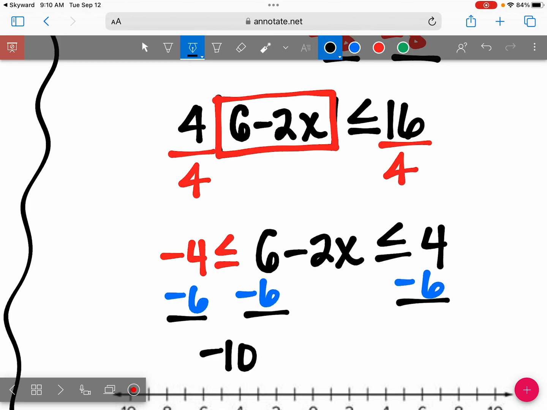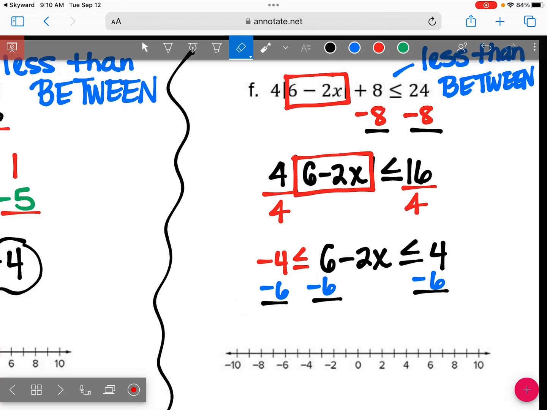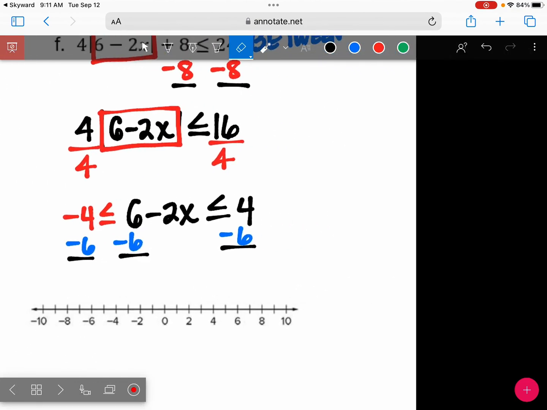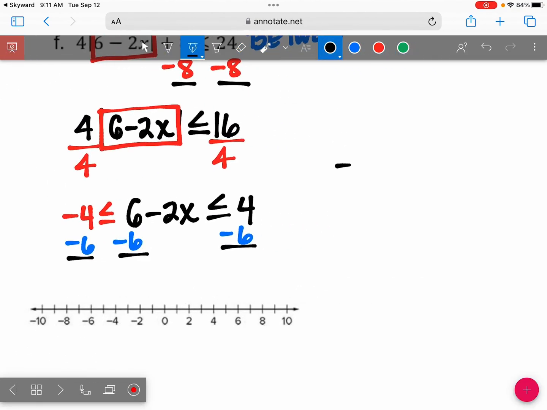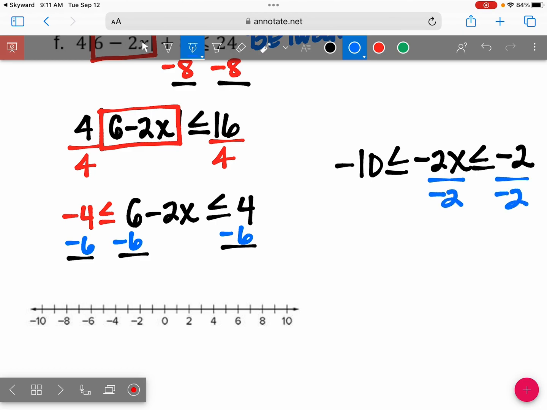So then -10 is less than or equal to -2x, which is less than or equal to -2. Divide everything by -2, which means we have to flip our inequality. So it becomes a +5 and a 1. So x is between 1 and 5.